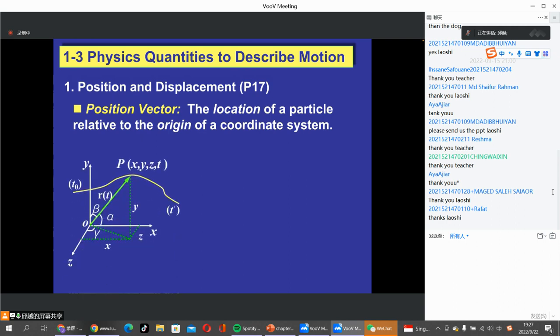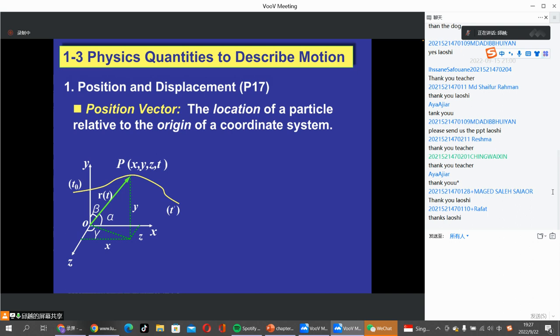With a coordinate system, we can draw the position vector like this. For a point P, it has the coordinate x, y, z.